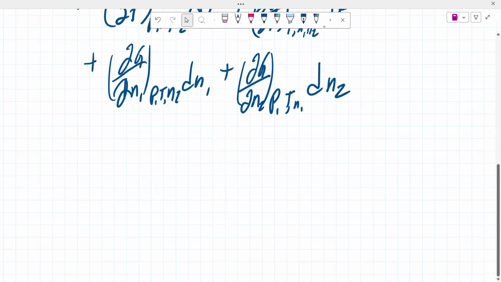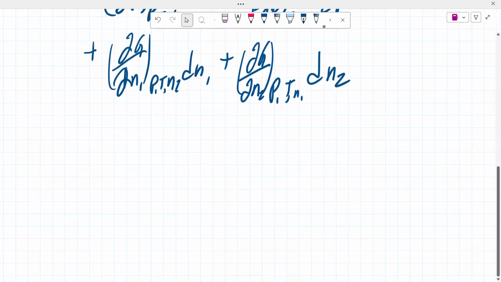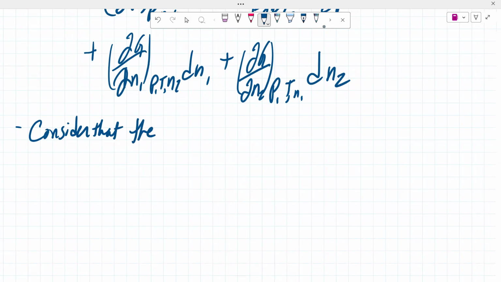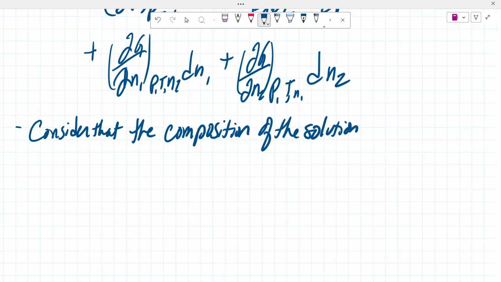Consider that the composition of the solution is fixed.